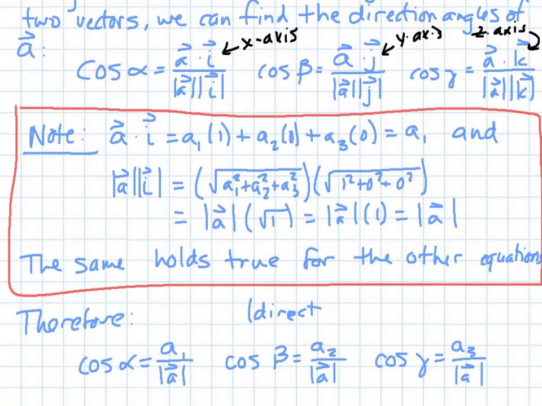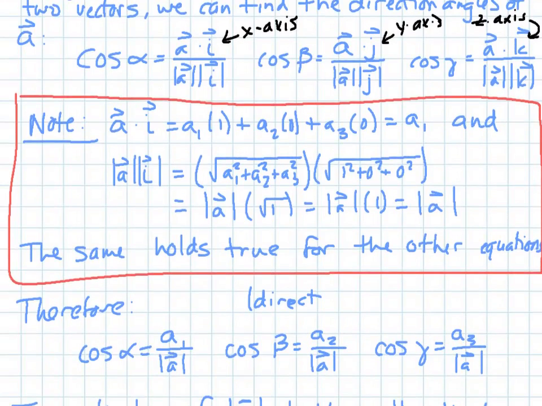But there is some simplification that we can do. Let's just look at the first one for alpha, because the other ones follow the same pattern. If we take the dot product of vector A and vector i, remember that vector i is just 1, 0, 0, the unit vector.